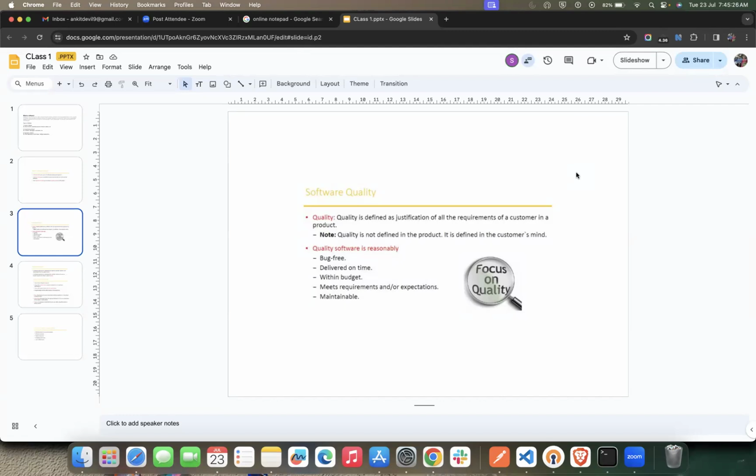Yes. So quality basically is defined as the requirement of customers that we develop and it's properly functioning. Whenever we develop a software, we don't consume it ourselves, correct? We develop it for somebody to consume.